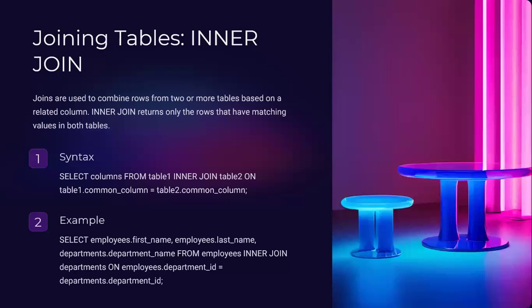Just like in Excel, we have done VLOOKUP, XLOOKUP, INDEX and MATCH to find the records from other sheets on the basis of a common column. Here, joins will do the same operation. So joins will combine different records from two or more tables on the basis of a related column.